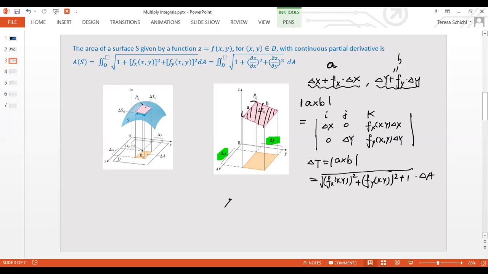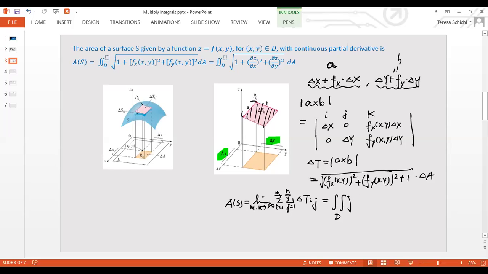So the total surface area will just be like we did with the Riemann sum. You let m and n approach infinity, and the summation is i from 1 to m, j from 1 to n, of delta T_ij. So you put all this together, and when the limit approaches infinity, what you get is just your integration over the region.